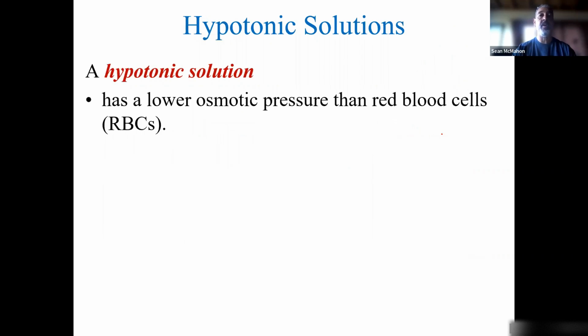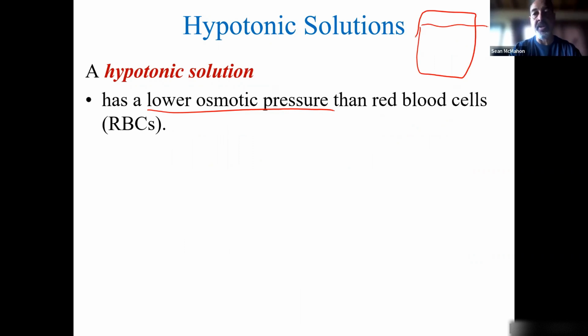Hypotonic is where you have a less concentrated solution. So it has a lower osmotic pressure than a red blood cell. You can think of it as, if I have a solution that's just mostly water and I put in a red blood cell that has particles dissolved, the water will rush in to try to dissolve that solute.